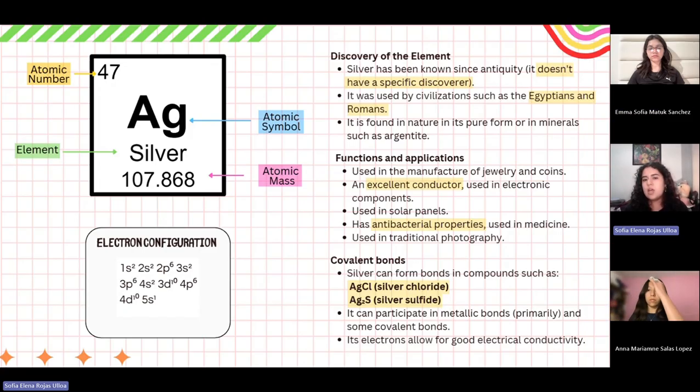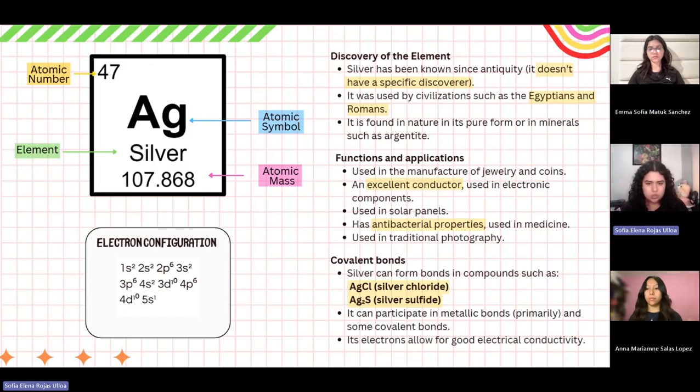The discovery of this element is not specific; it doesn't have an age or a specific moment. It was used by civilizations such as the Egyptians and Romans and is found in nature. It is extracted from minerals such as argentite.